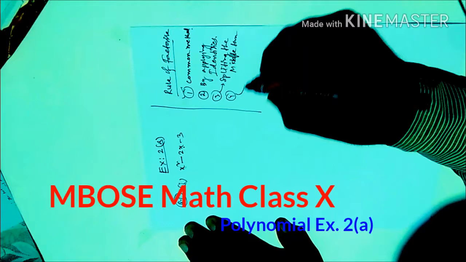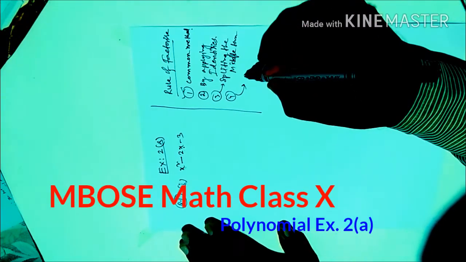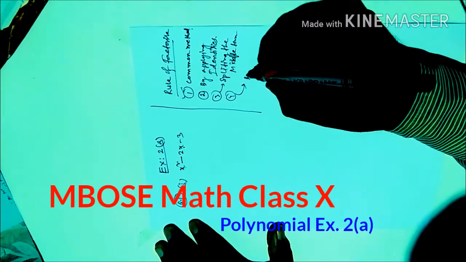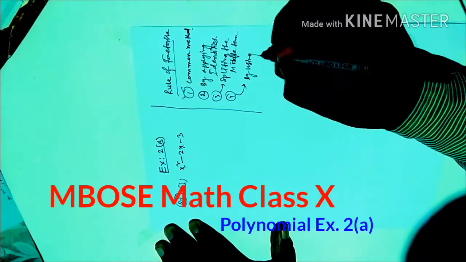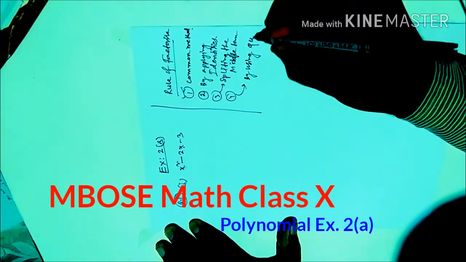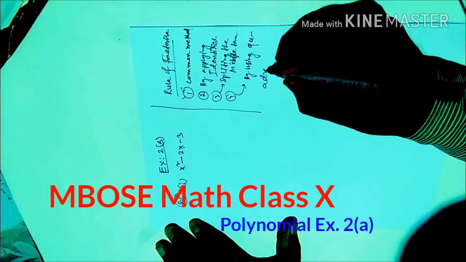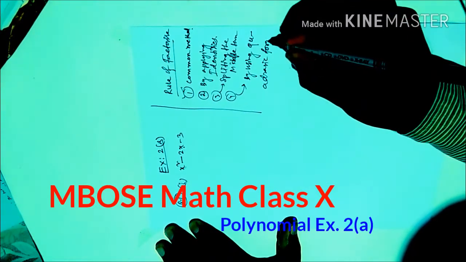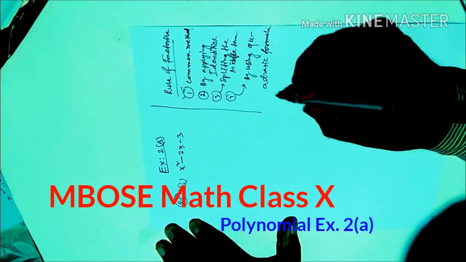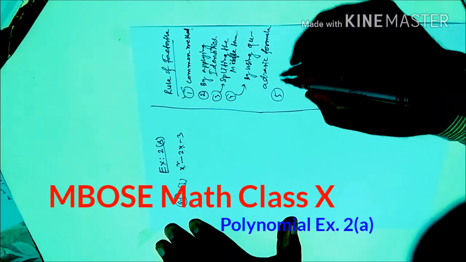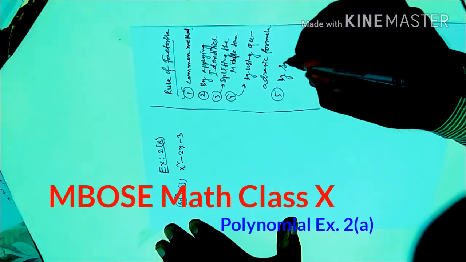If this also can't be done, you have to go by using the quadratic formula. If this also you can't, you have to go by the squaring method.